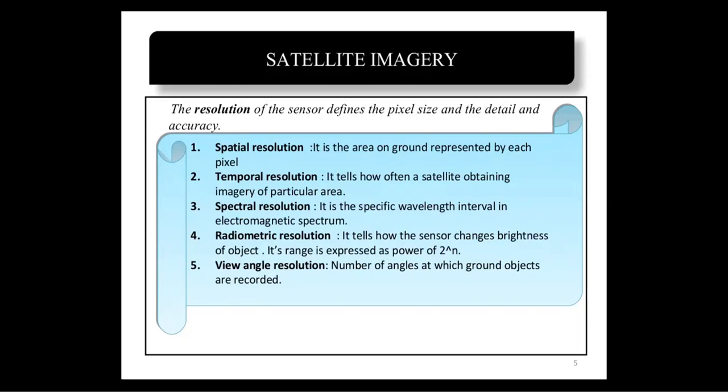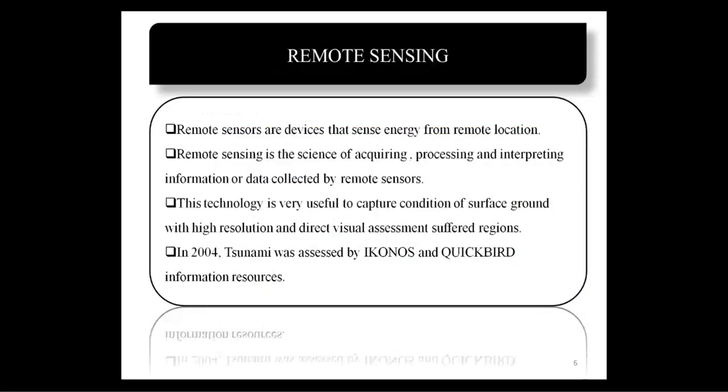Radiometric resolution tells how the sensor changes the brightness of an object. Its range is expressed as 2 power n. View angle resolution is the number of angles at which ground objects are recorded.